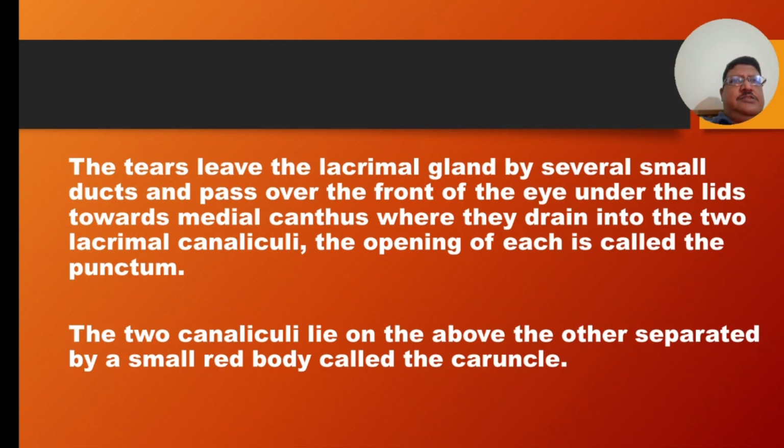Now the tears leave the lacrimal glands by several small ducts and pass over the front of the eye under the lids towards the medial canthus, where they drain into the two lacrimal canaliculi. The opening of each is called the punctum.